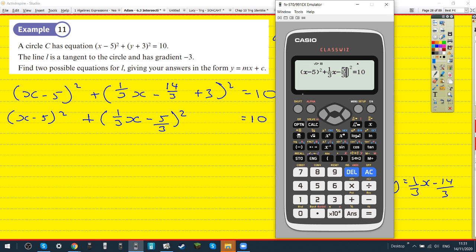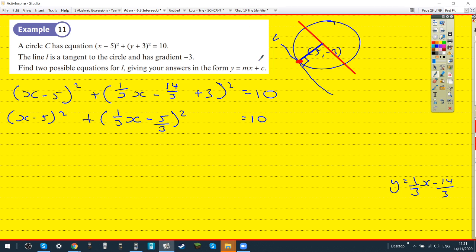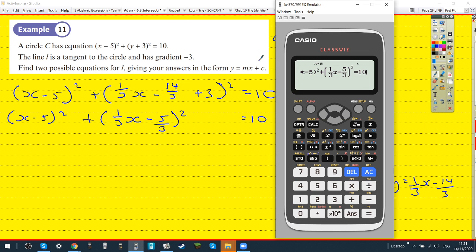Let's see. Where did I go wrong? I forgot the bracket. So you can always press left or right to edit stuff, even if you press equals. I got x is 2, is that right?